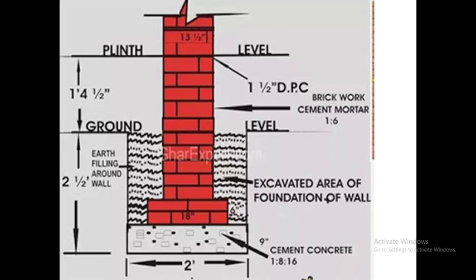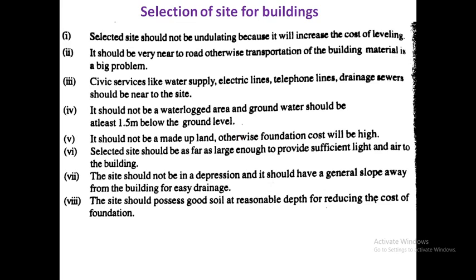Then the selection of site for buildings. Selection of site means what points should be kept in mind while selecting a site for any type of building. That is, the selected site should not be undulating because it will increase the cost of leveling. Then it should be very near to road, otherwise transportation of the building material is a big problem.